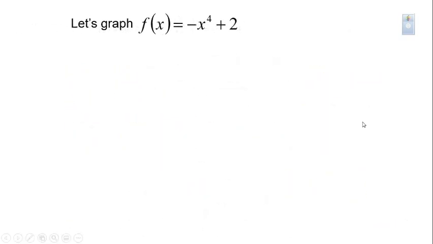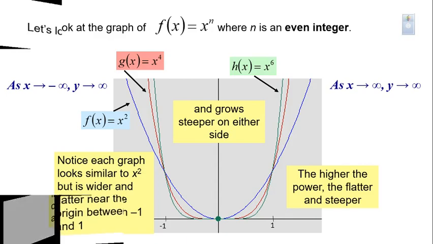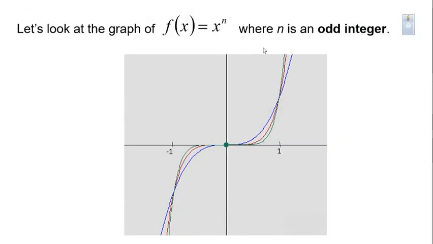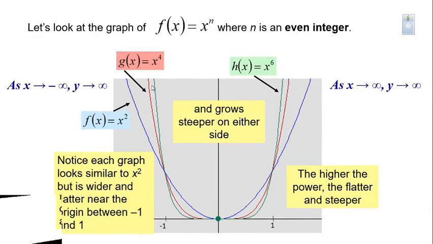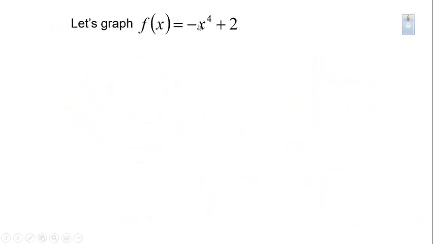Now this brings us to a quick little example of a transformation. We can do a transformation of the graph of x^4. If you recall, x^4 looks like the x squared graph. So we have this blue graph, and this red graph here is x^4. So what will happen if we take that graph and multiply by -1 and add 2?